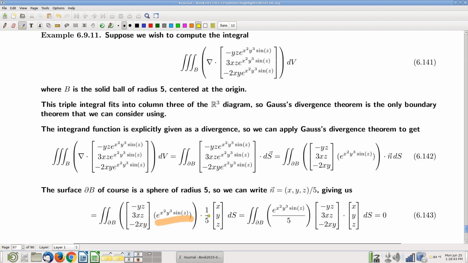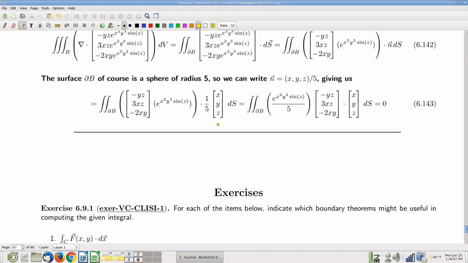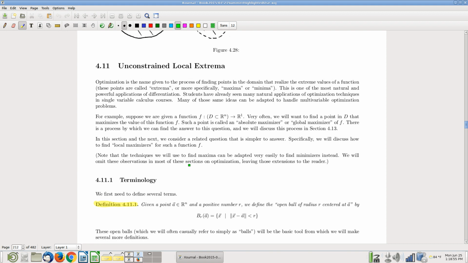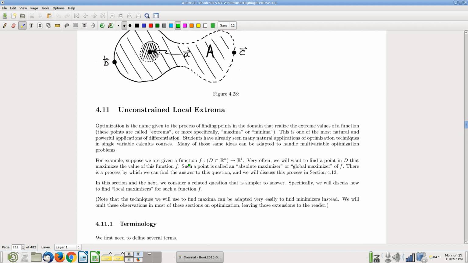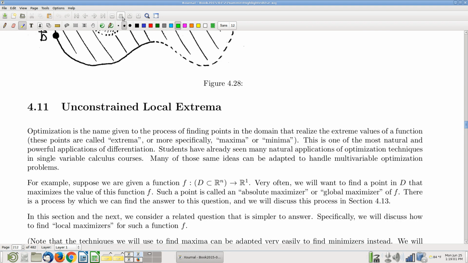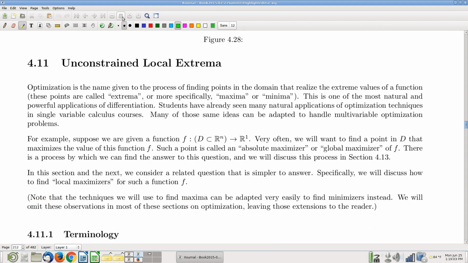Okay, that does it for chapter 6. I'm going to go back now to chapter 4. So, my substitute on Friday, apologies that I couldn't make it, but he tells me that he talked through critical points in interiors.